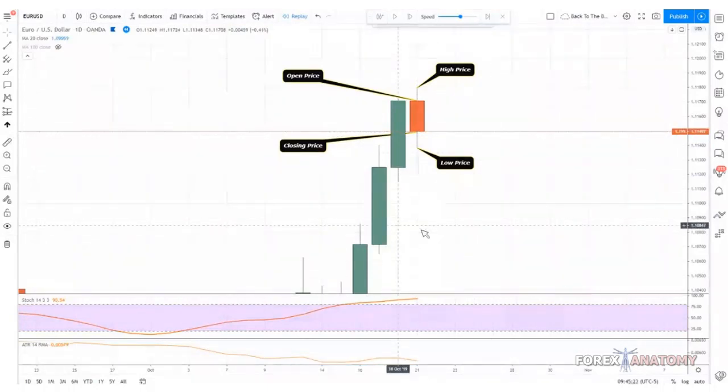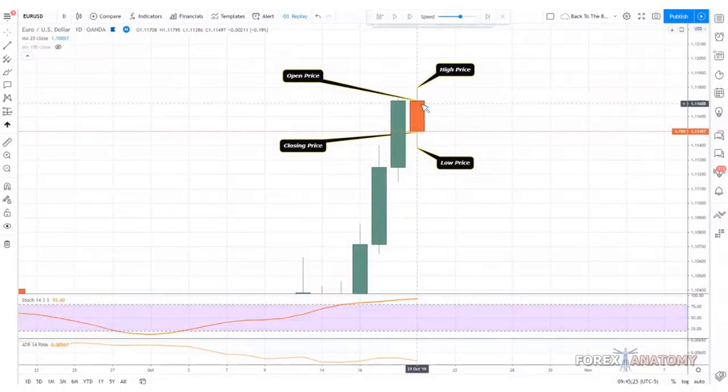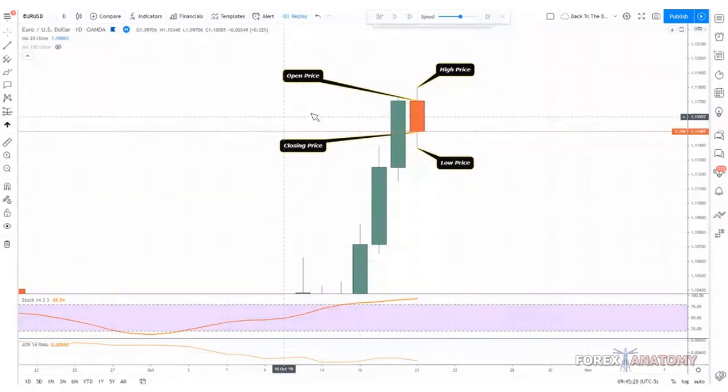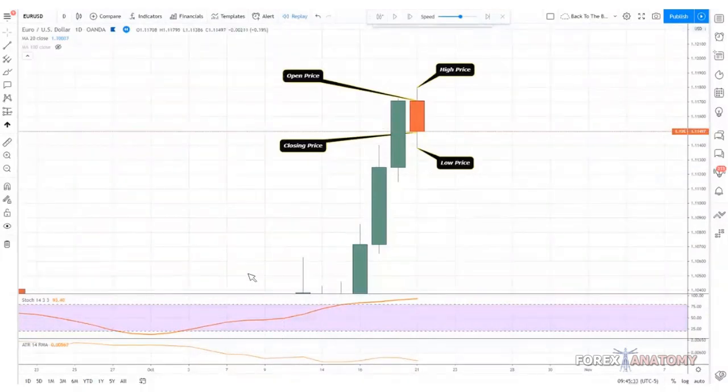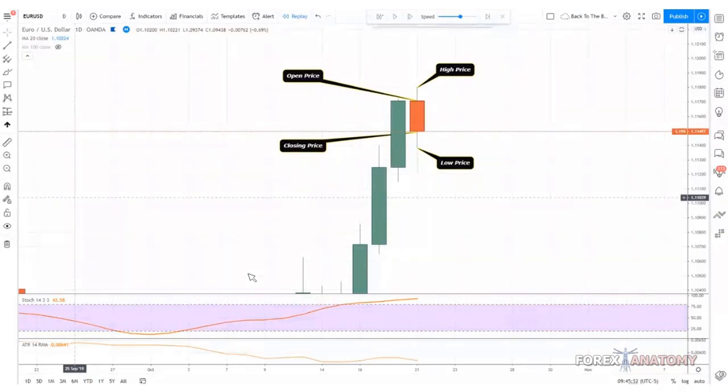So whenever the closing price is below the opening price, is that a bullish or bearish candle? Let me ask you guys that question. This is just a basic general definition of it; it's a little bit more complex than that. For those who may not know, a bullish candle is when price is moving up. Remember, bulls represent up, bears represent down.